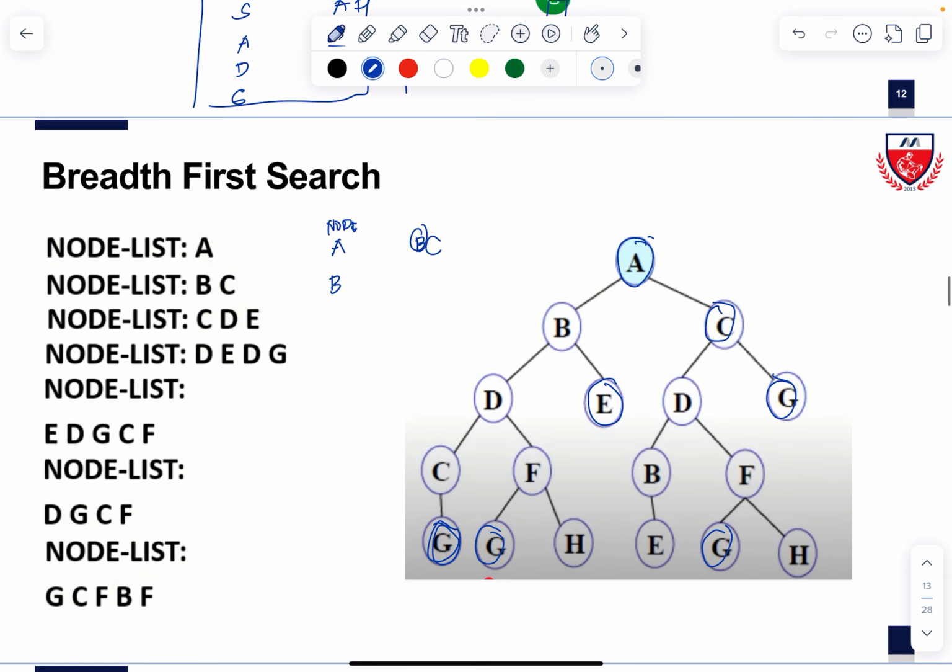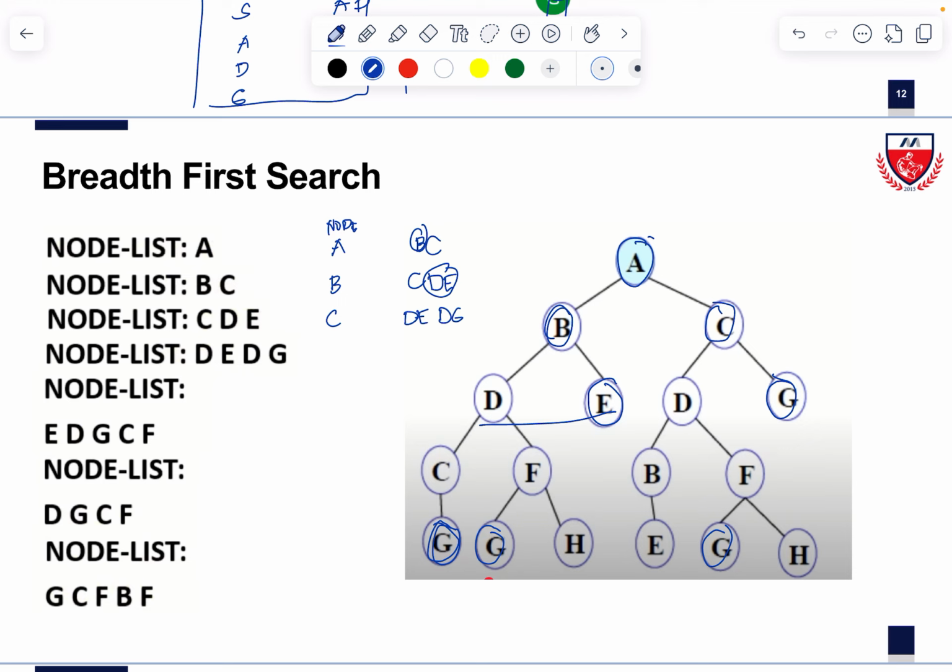So B is being visited, tapos si C hindi pa na-visit, but B has children D and E. Okay? So, visit muna natin si C. Okay? Si C may children siya na D, G, but hindi pa na-visit yung D, E. So, unahin natin yung D, E, then si C may D, G na children.